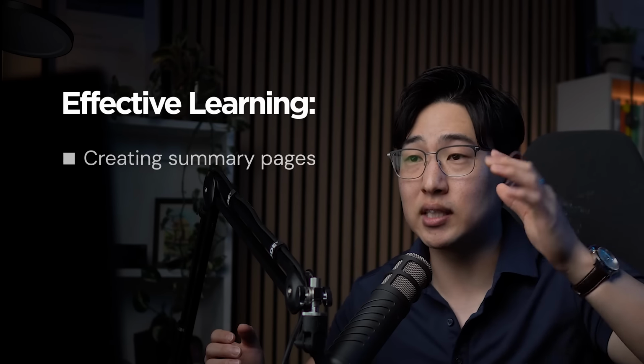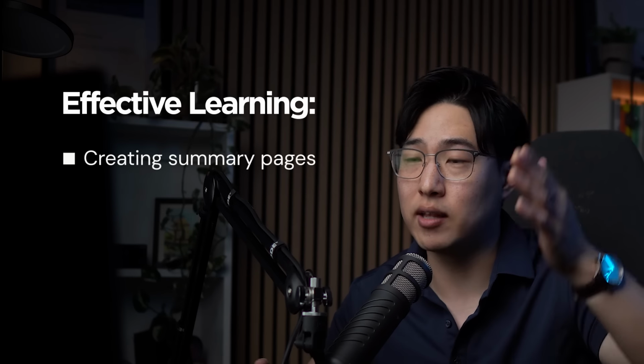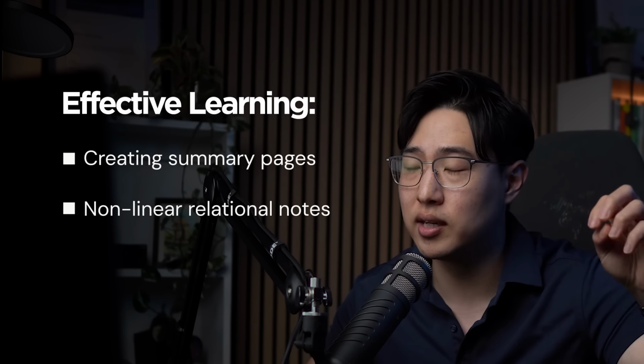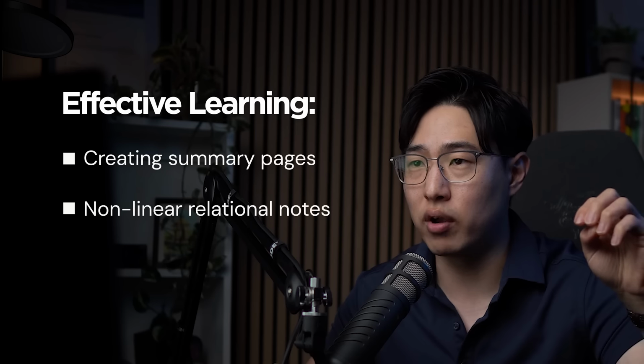And different techniques on that spectrum of how much studying turns into learning have different levels of mental effort associated with them. And generally, the more effective ones have more mental effort. So, for example, creating summary pages is more effective, and then turning those summary pages into something that's non-linear and relational takes a little bit more effort.